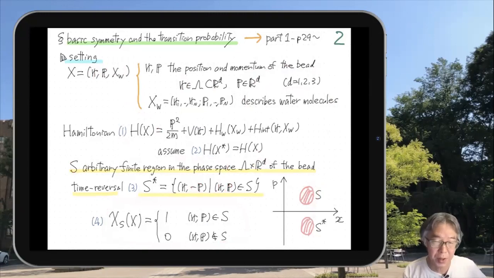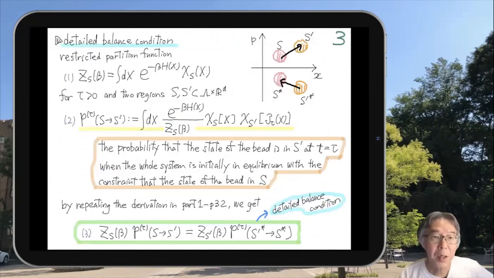Chi_S(X) is 1 or 0, depending on R_p. Of course, R_p is the component of this X. So if you look inside X and find that R_p is in S, then it's 1. If R_p is not in S, it's 0. Then we consider the detailed balance condition as we did in part 1.